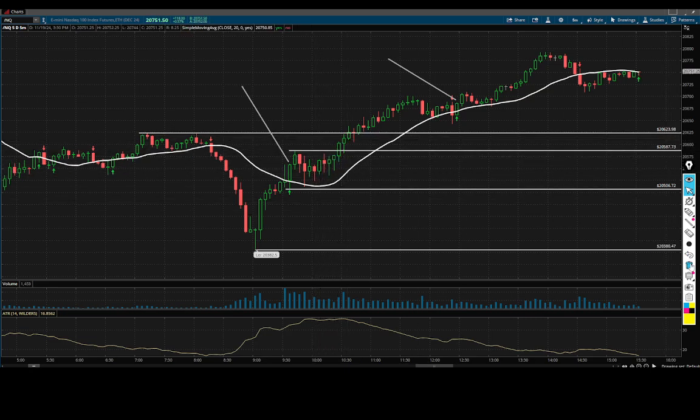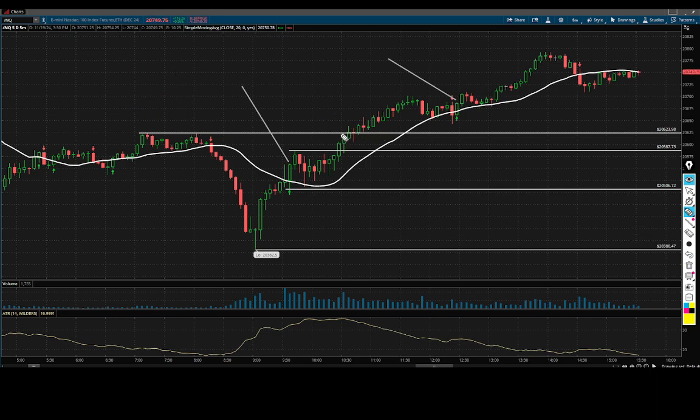Now, the next setup that we would be looking at is what happens once we take out those overnight or pre-market highs. What happens when we take out that previous swing high? Well, you can see that price action is breached here. That's why I have the line at 206.23. We breach price. You can tell yourself one of two things.